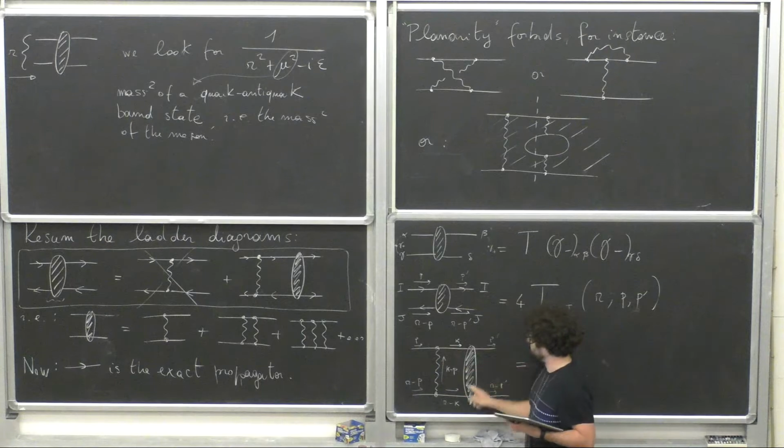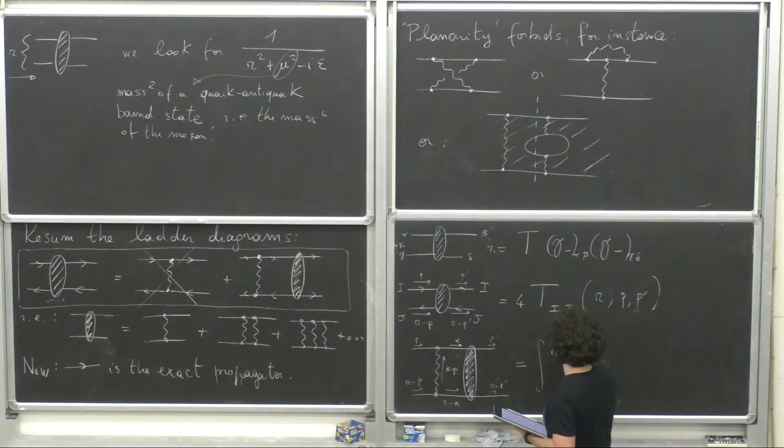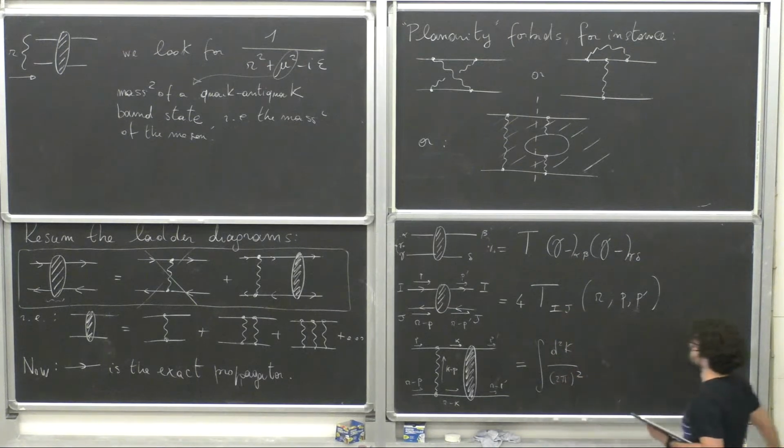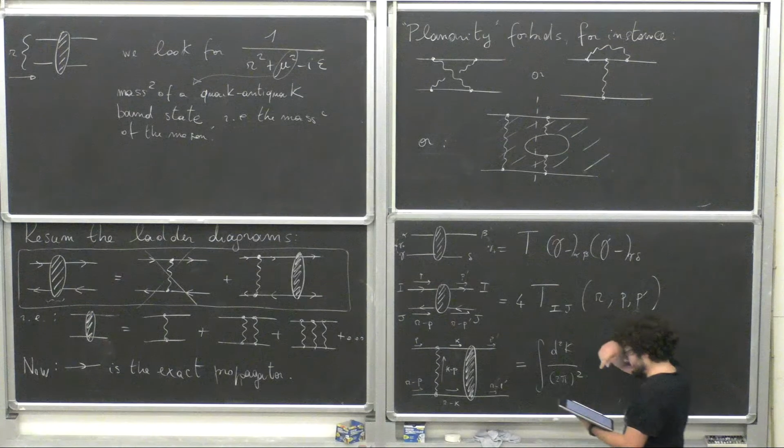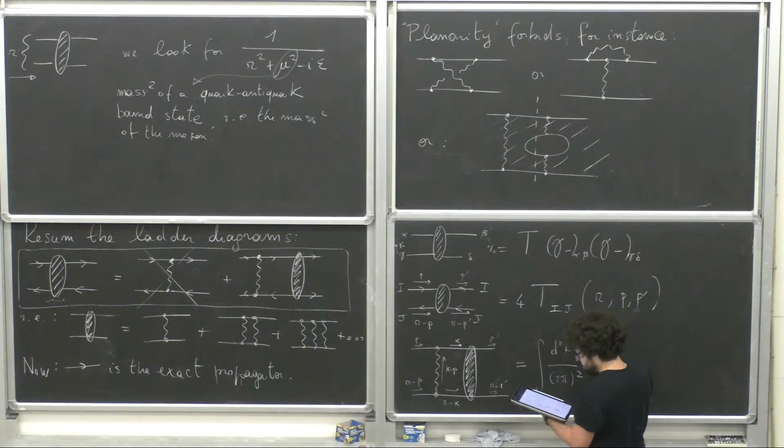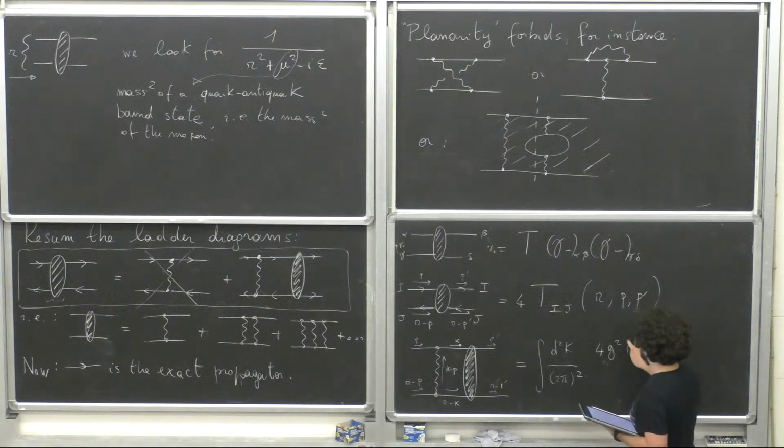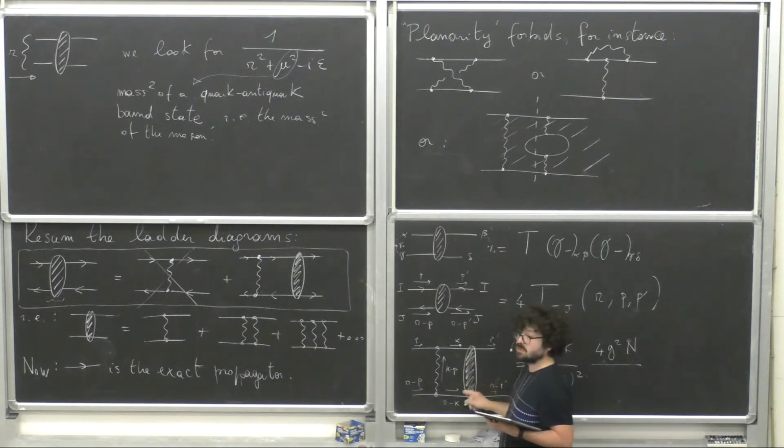You see we have an undetermined momentum K, so we need to do an integral in d2K over 2 pi squared, and we have two vertices and the propagator of the gluon and a closed loop.